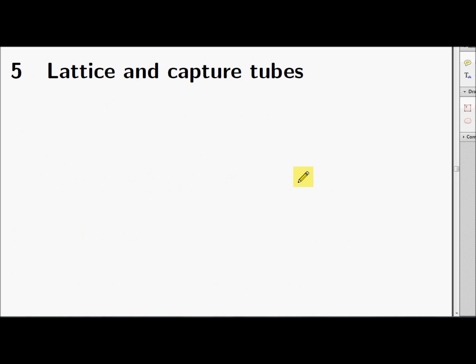So now, what I want to do here is to compute the capture tube. I will show first that the capture tubes have a mathematical structure, the algebraic structure of a lattice. So a lattice, what is a lattice? To have a lattice, I need an order relation.